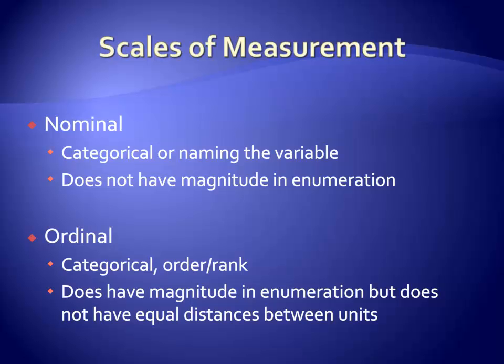With nominal scales, as the name suggests, numbers are assigned mainly to name or identify the variable. The value of the number is not meaningful, nor is the distance between the numbers. A common example of this is gender. If we assign a 1 for male and a 2 for female in a data set, we cannot interpret that women are better because the value assigned to them is higher. We also cannot interpret fractions between the categories of male and female.